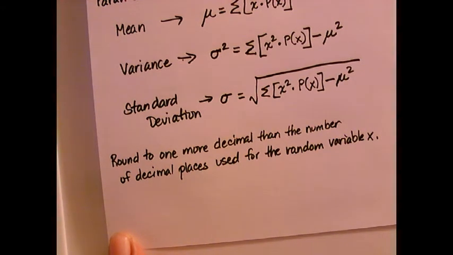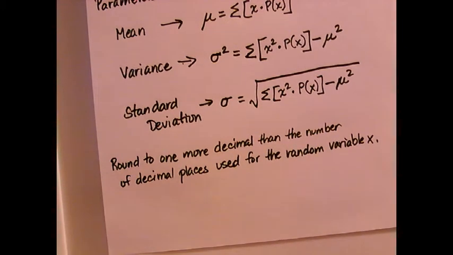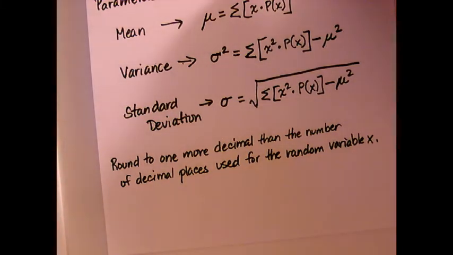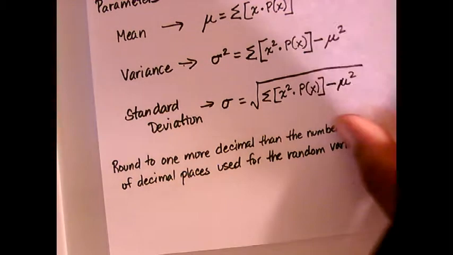Okay? So if your random variable is a whole number, then you'll round your answers to one decimal place. Okay. Alright, so let's look at a couple of examples of just this.